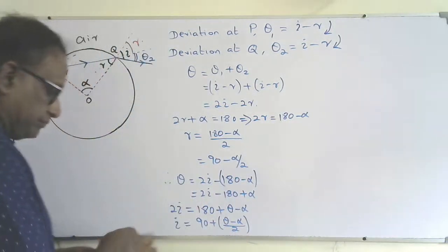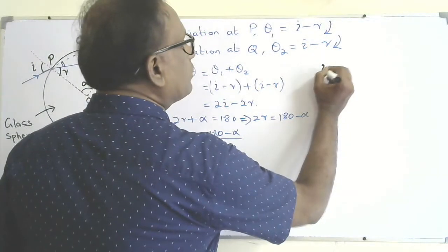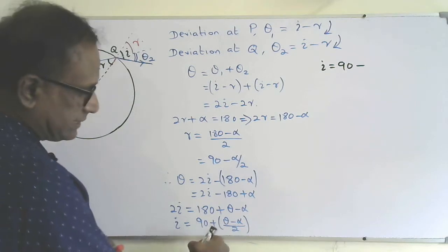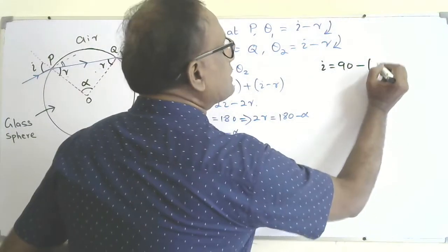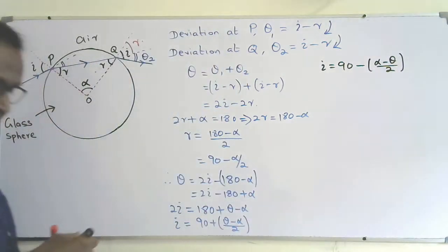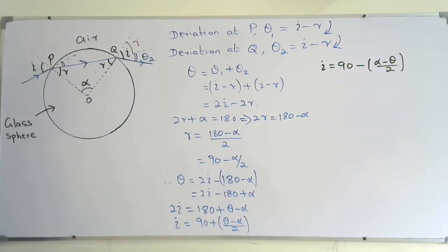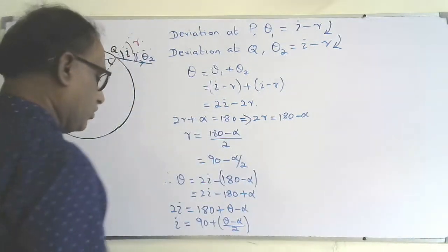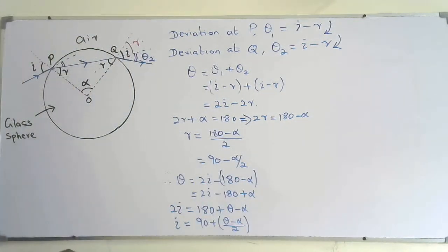So I'll write it here. I is equal to 90 minus, take the minus outside, (alpha minus theta) by 2. Okay, so we can keep the I in this format.